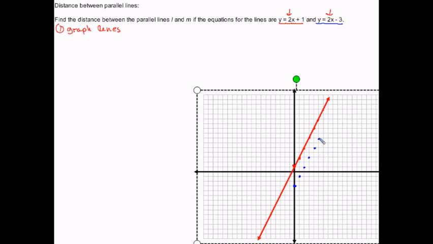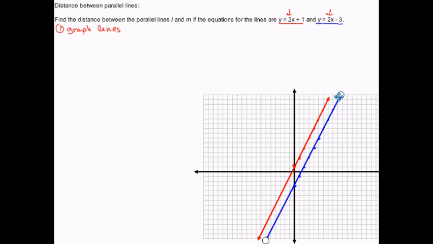And again, I'm just putting in a bunch of dots to give me a guideline to follow so that I'm accurate. Okay, this didn't work quite well. Okay, so I've got my two parallel lines. That's step one.